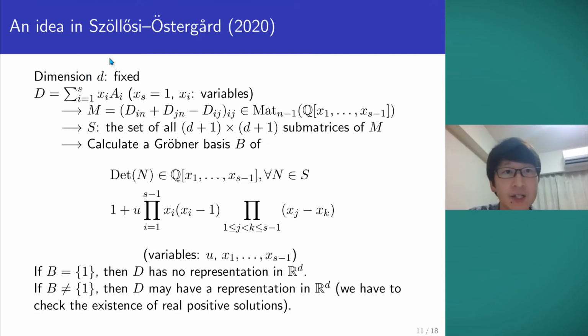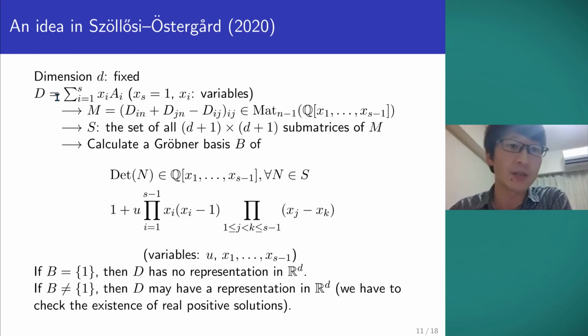So now, the idea in Szöllősi-Östergård. We fix the dimension d, and we would like to find an s-distance set in R^d. So we can make a matrix D like this.